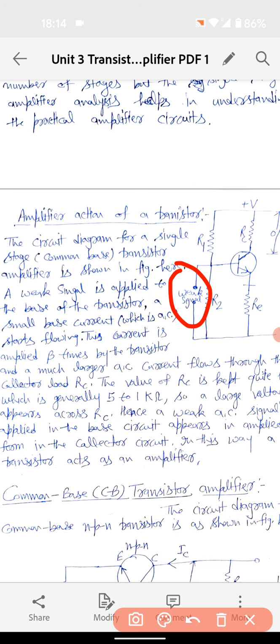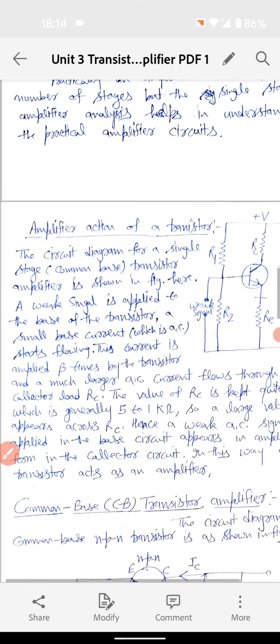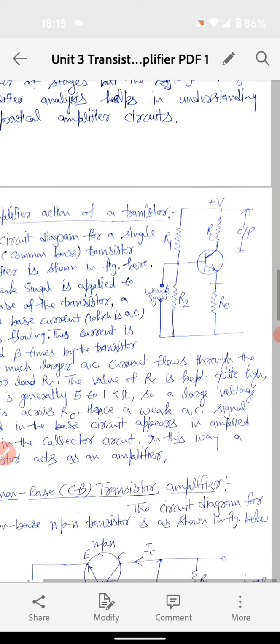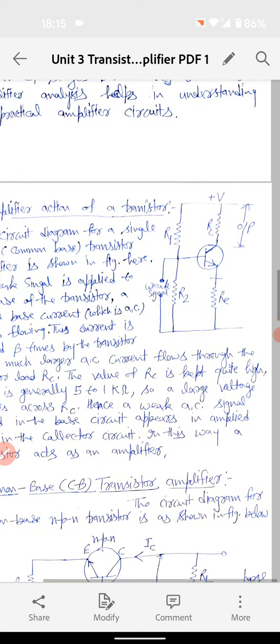Correspondingly a small base current, which is AC, starts flowing. This current is multiplied beta times by the transistor, because in case of common emitter the current gain is denoted by beta. So this current is amplified beta times by the transistor and a much larger AC current flows through the collector load RC.